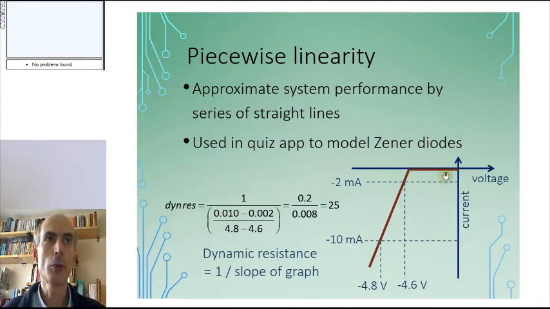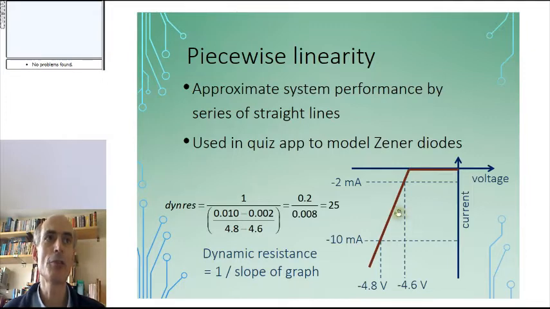Now, in this module we're going to be taking possibly the easiest possible approximation, which is just two straight lines, the first one being horizontal and at zero current, and then the second one being at a fixed gradient.